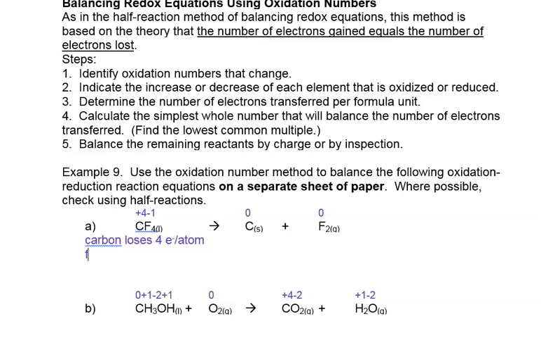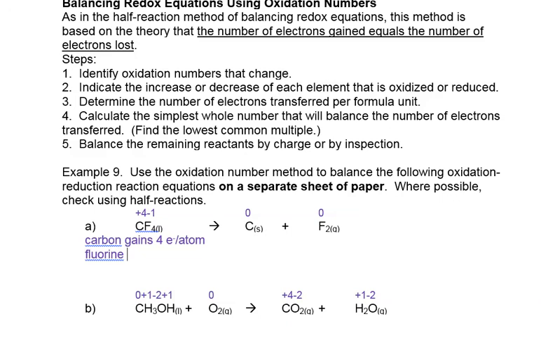And the fluorine is going from -1 to 0. I said that completely backwards. The carbon isn't losing, it's gaining. Reduction is a gain, right?